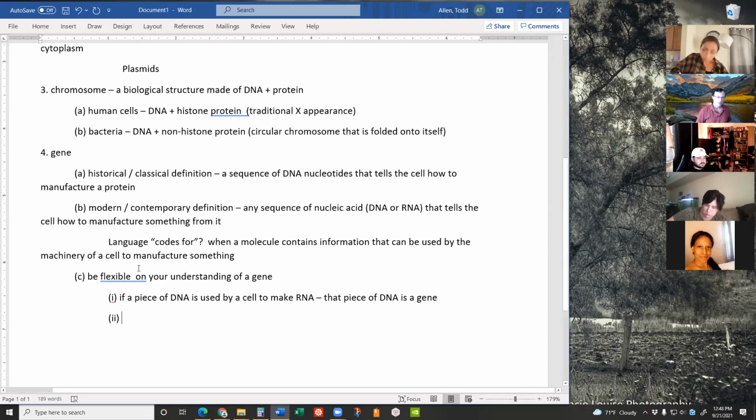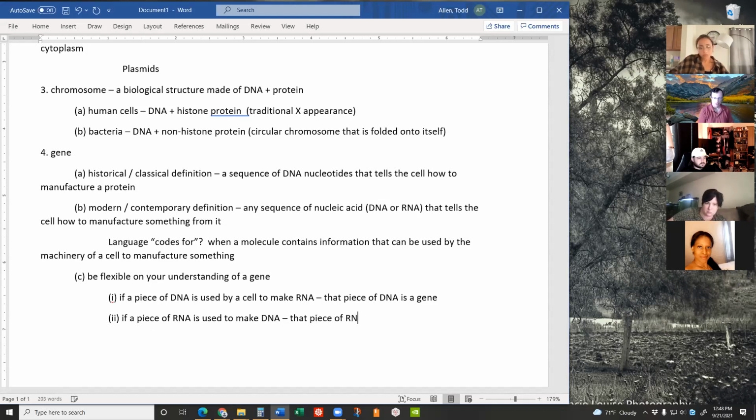If a piece of DNA is used by a cell to make RNA, that piece of DNA is a gene. If a piece of RNA is used to make DNA, that piece of RNA is a gene. If a piece of RNA is used by a cell to make protein, that piece of RNA is a gene.